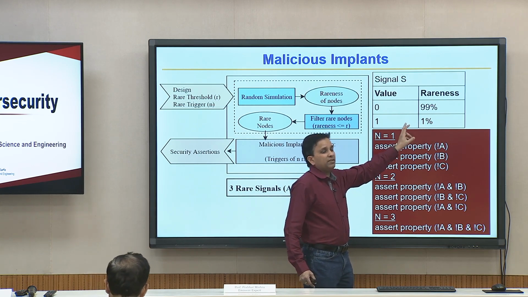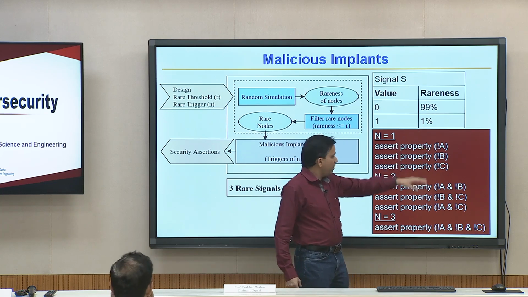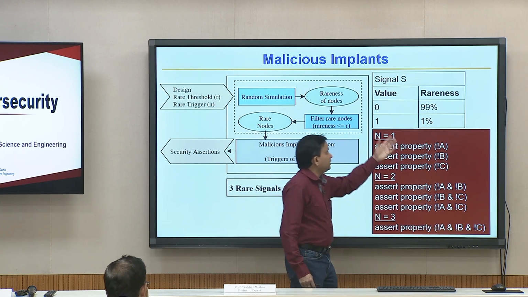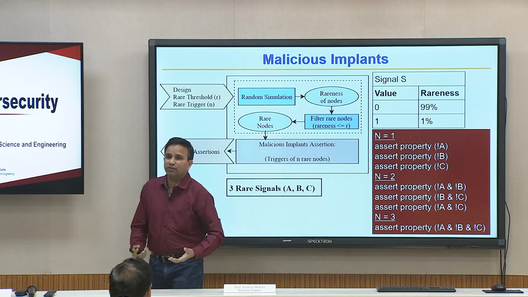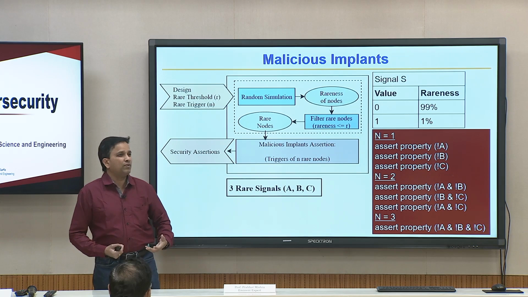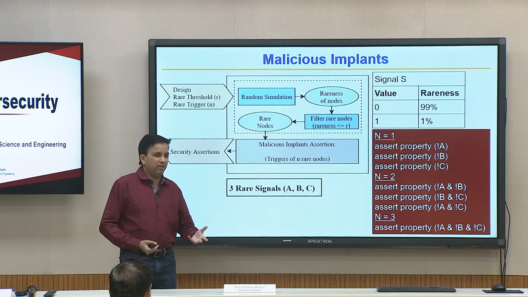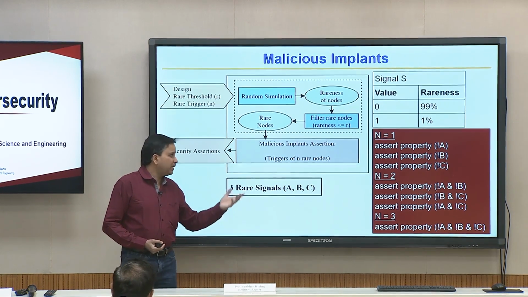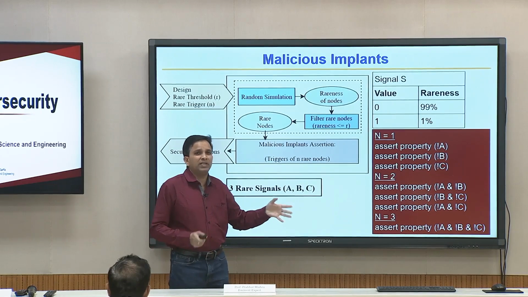With low probability, even if you simulate, the chances of it happening or failing is low, and the bigger the trigger is, the lower the chances of that happening, unless you are running millions and millions of test cases and billions of clock cycles. Even if it is part of the original functionality, it will not even happen. The only time it will happen is if the attacker is trying to change the input, because what is the attacker's objective?